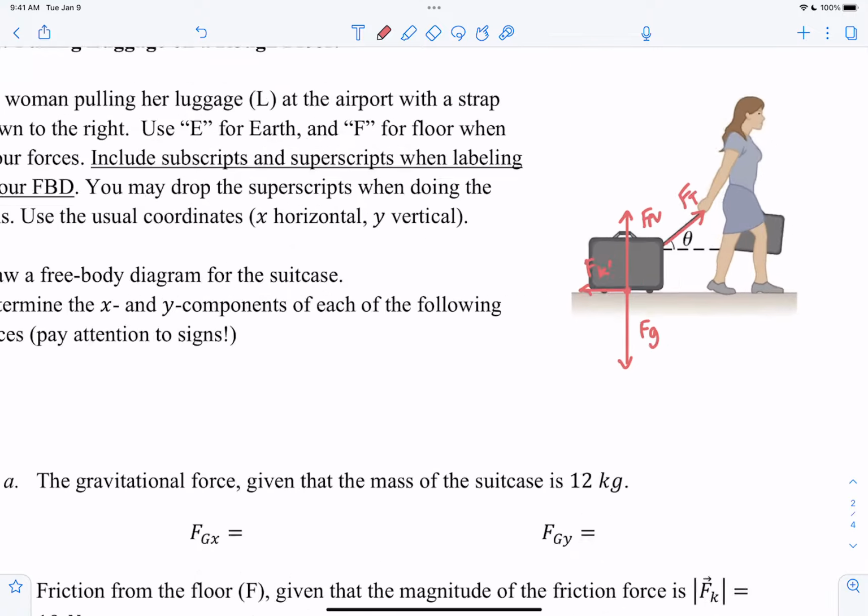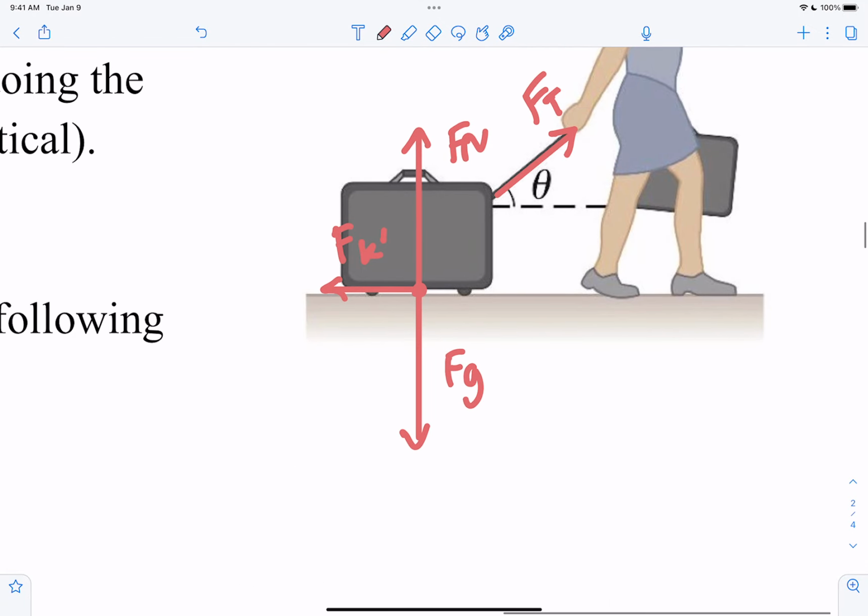So there are forces. Those are our subscripts. Now we got to include some superscripts, right? So for gravity, what's acting on what? What entity is acting on what object?